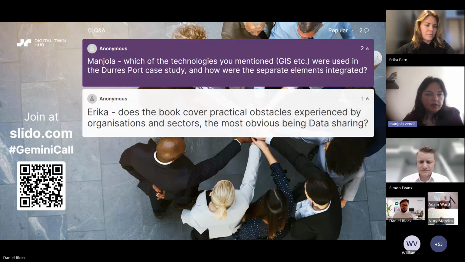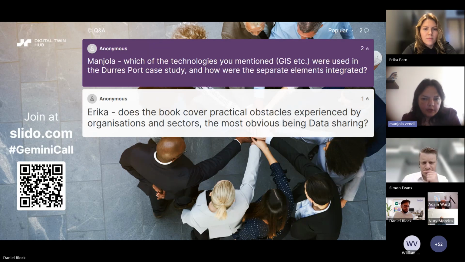We have used Microsoft Azure Digital Twin and Microsoft Azure IoT in the models that we have created. And how were the separate elements integrated?